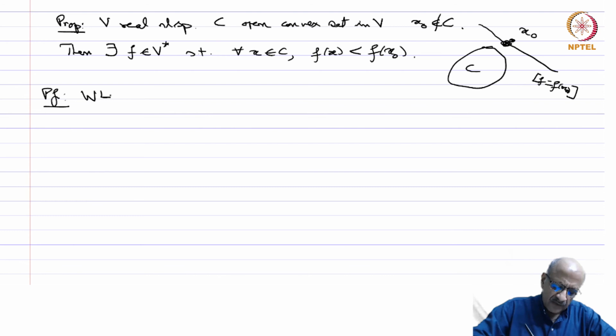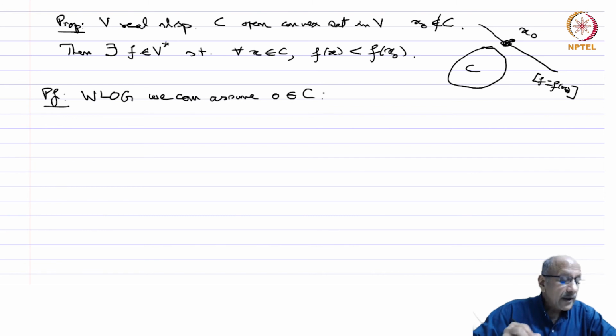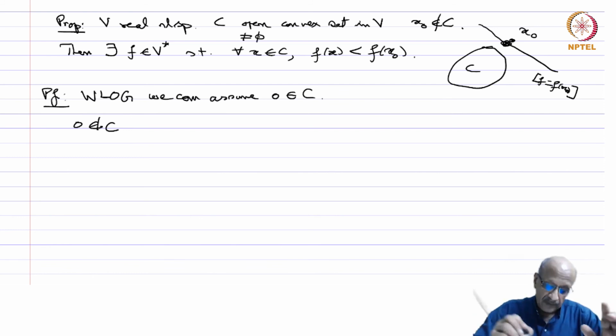So without loss of generality, we can assume 0 belongs to C. Why? Suppose 0 is not in C. Okay, I have to add here, this C is non-empty. That is very important, obviously. C has to be non-empty, otherwise this theorem makes no sense.